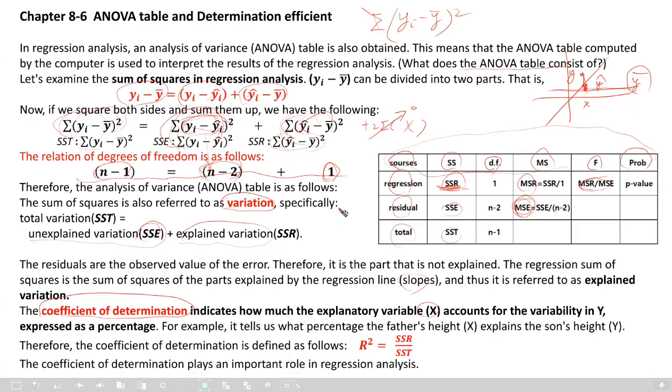So, SSR divided by SST is what? The determination coefficient, denoted by R square. It tells us what percentage of the son's height Y is explained by the father's height X. Therefore, the coefficient of determination is defined as follows: R square equals SSR divided by SST.